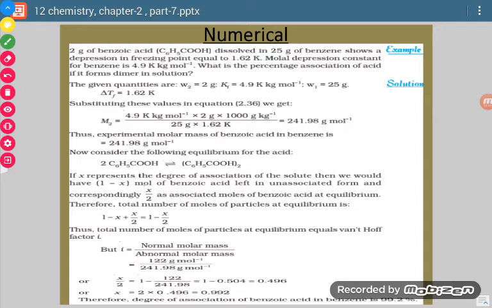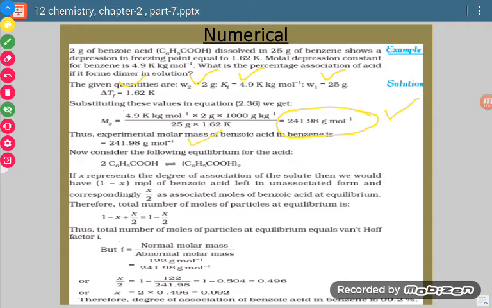So first of all, from the given data, we are given the weight of solute, Kf value, weight of solvent, and delta Tf value. From this, we will calculate the value of molecular mass of solute. So the calculated value is 241.98. Okay, this is the experimental molar mass value.